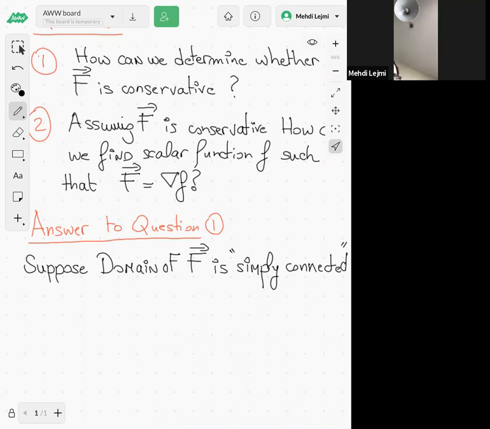Then F is a conservative vector field if and only if the curl of F is 0.